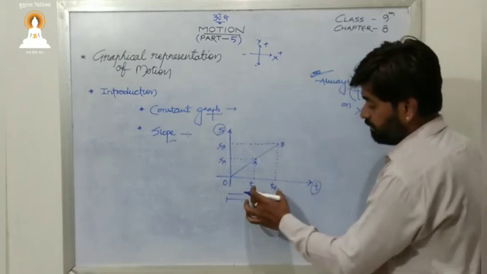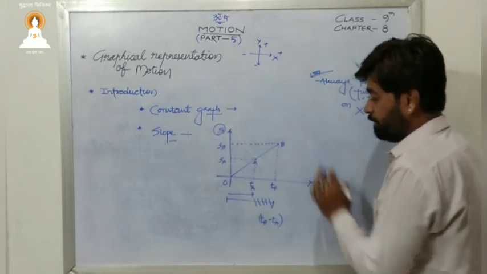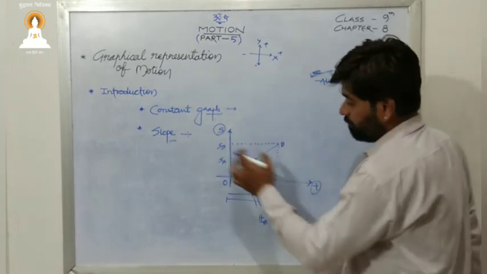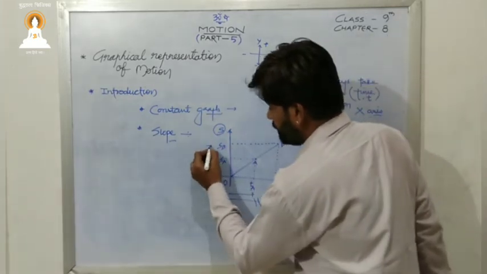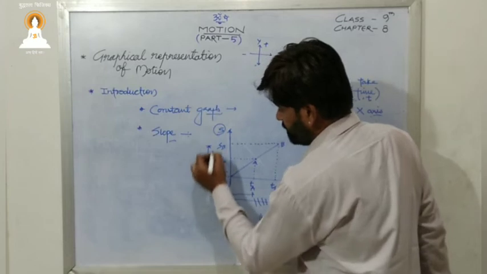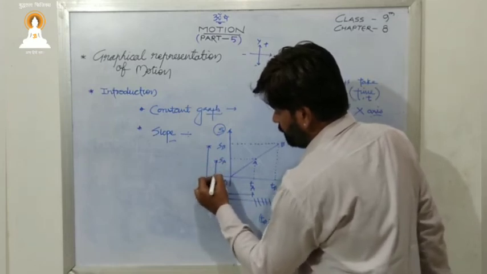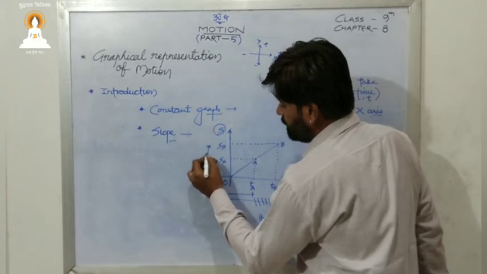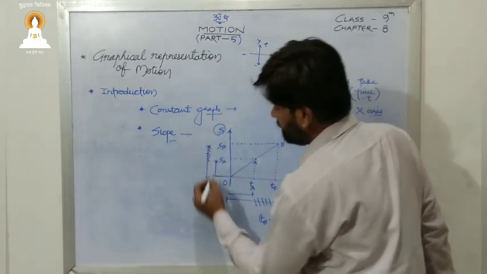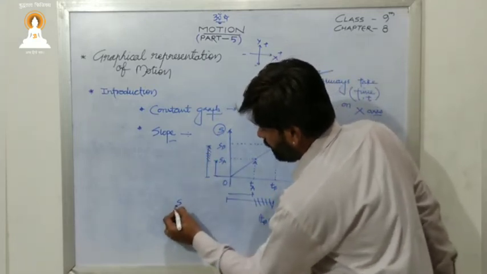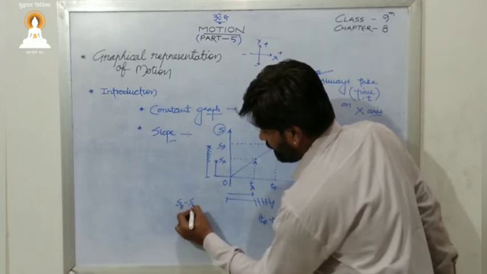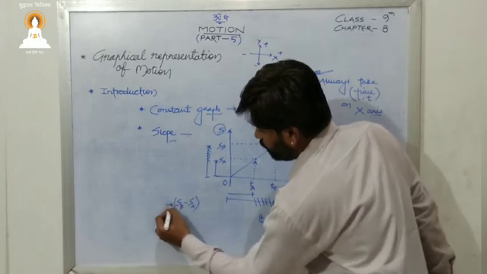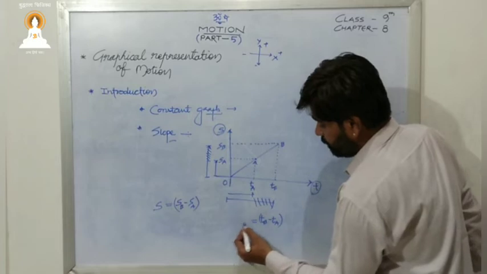That is the time taken to move from A to B. And how much distance have they covered? From origin it is SB, and from origin it is SA. The non-common portion is this much, so it will be found by SB minus SA. This is the total distance covered, and this is the total time taken.